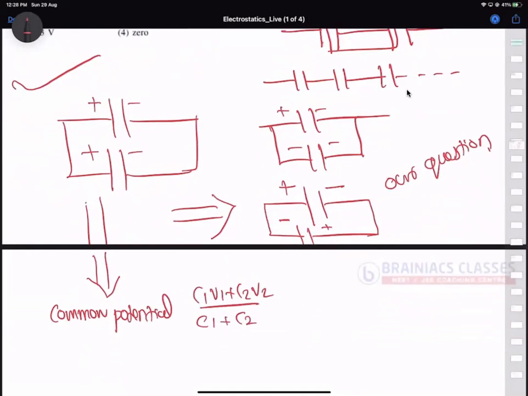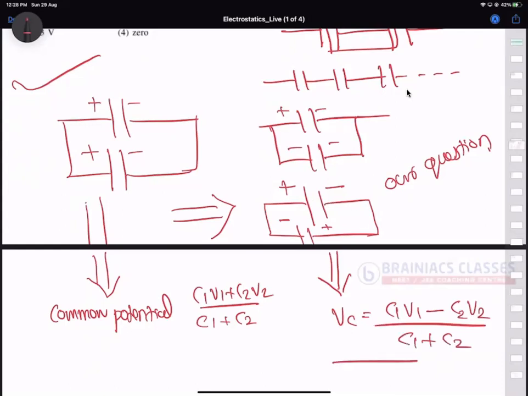The potentials on all the capacitors are the same, and that potential is called common potential. This is the formula for this connection. Now, in case the connection changes, positive to negative, the common potential formula is C1 V1 minus C2 V2 divided by C1 plus C2. This confuses people between these two cases.